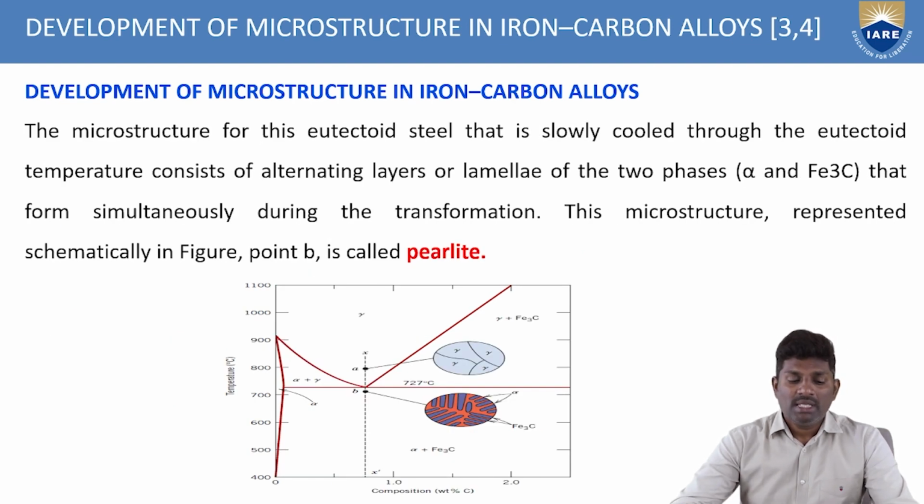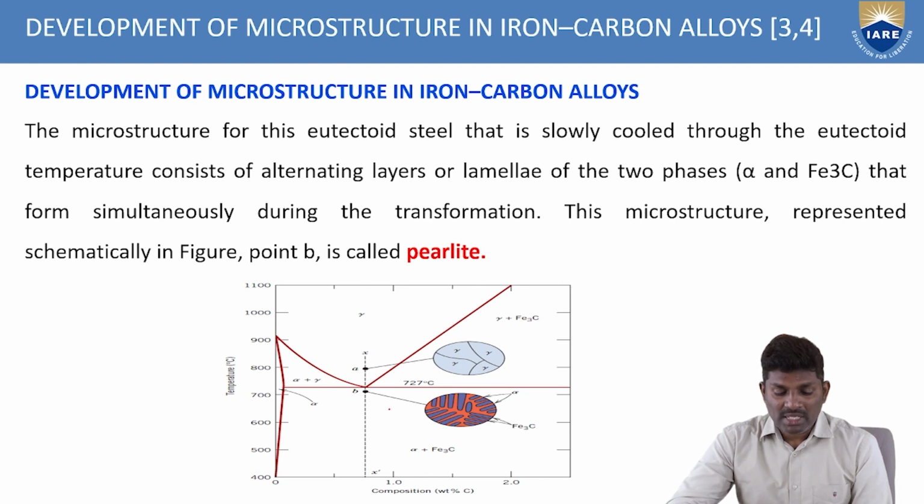So what is that? The microstructure of this eutectoid steel that has slowly cooled through the eutectoid temperature consists of alternating layers or lamella. So if you see this clearly, what is happening?